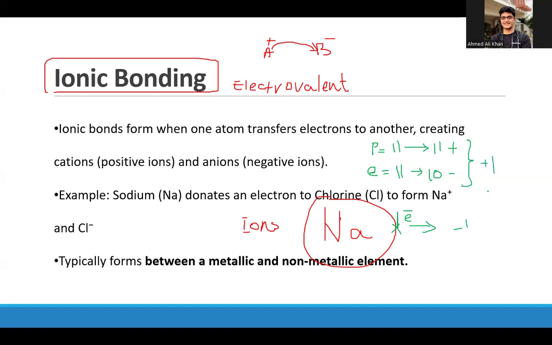There are 10 electrons and 11 protons, so there are more protons as compared to electrons, and that's why it has one additional positive charge. So sodium, after losing one electron, becomes positively charged, and is written as Na plus. This right here is an ion.